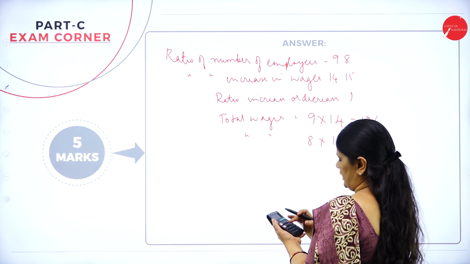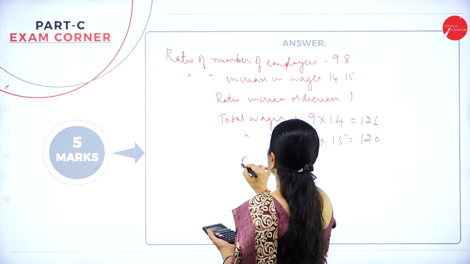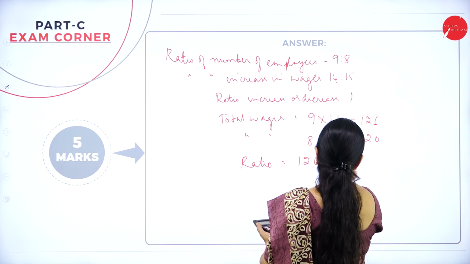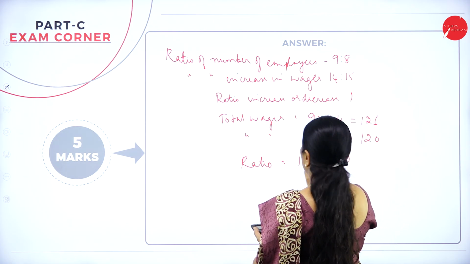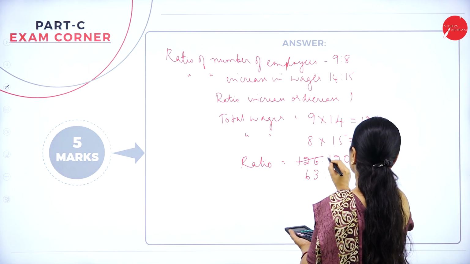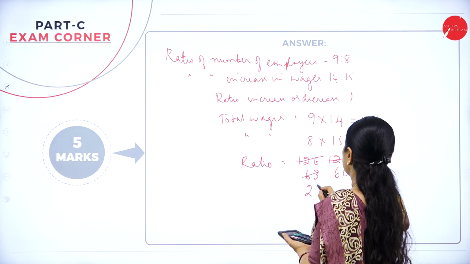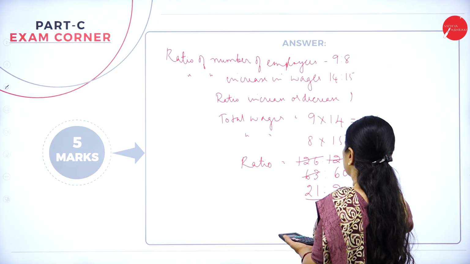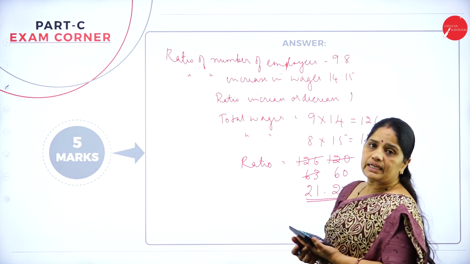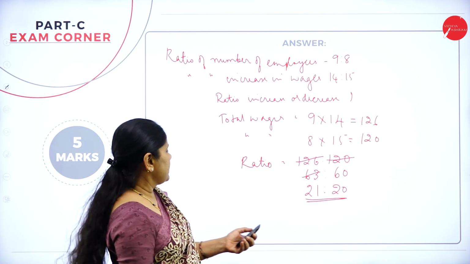Then 8 into 15 is 120. So the ratio will be 126:120, or when we simplify this further, it will be 21:20. So the ratio of increase or decrease in wages is 21:20. Now the next problem.